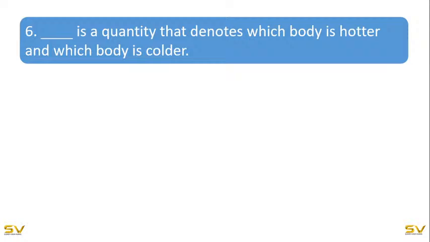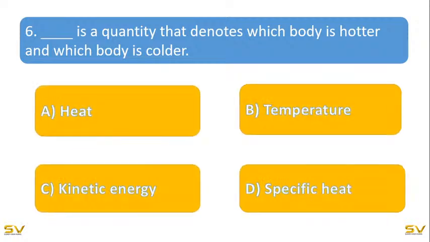Dash is a quantity that denotes which body is hotter and which body is colder. So, which quantity denotes whether the body is hotter or colder? Is it heat? Is it temperature? Is it kinetic energy? Or is it specific heat?